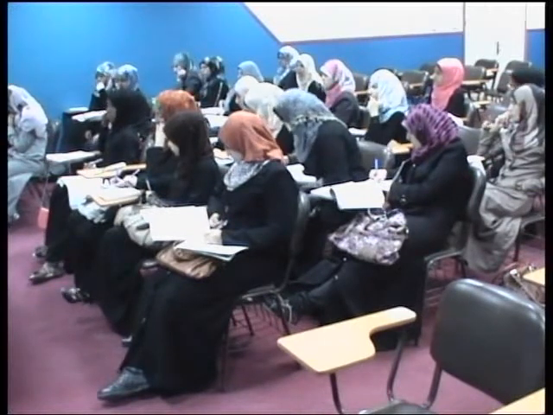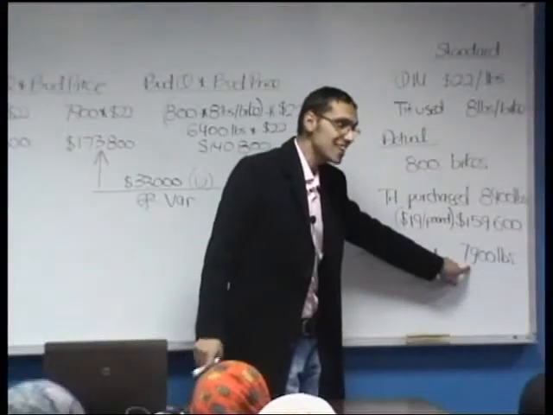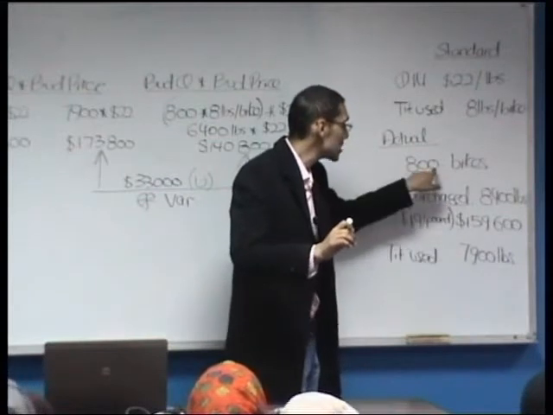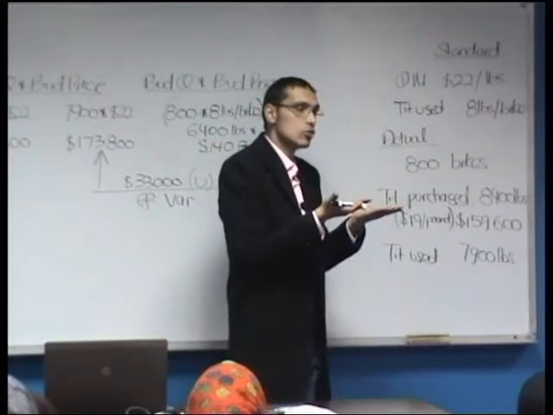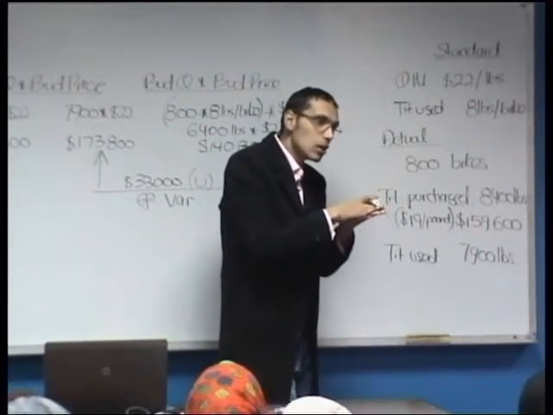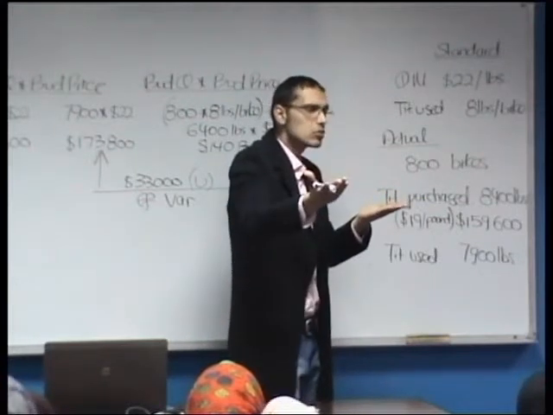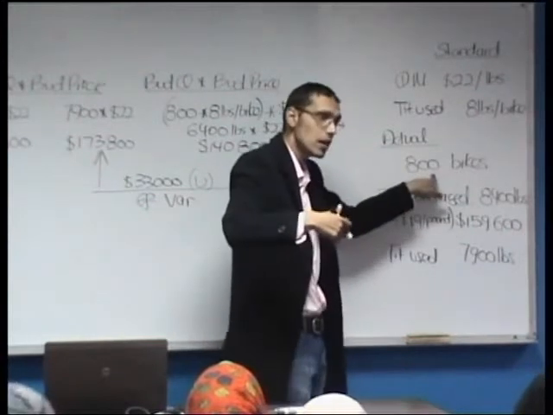The 7,900 is the amount of titanium that has been used to produce 800 bikes, correct? Therefore, we need to compare this actual amount of pounds with the budgeted amount of pounds that should have been used to produce the same 800 bikes.